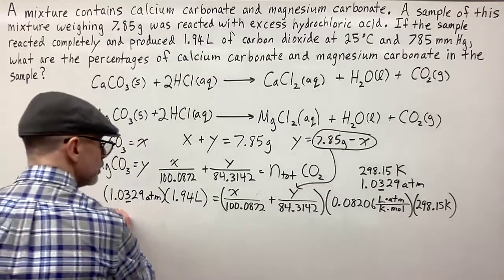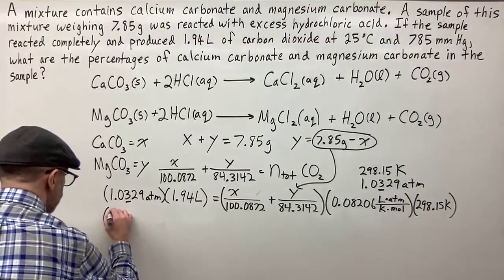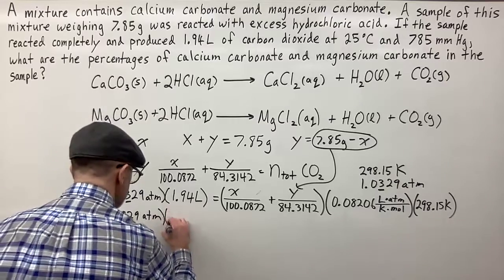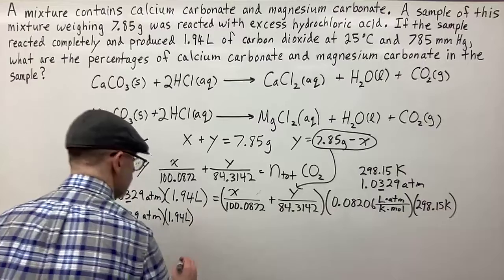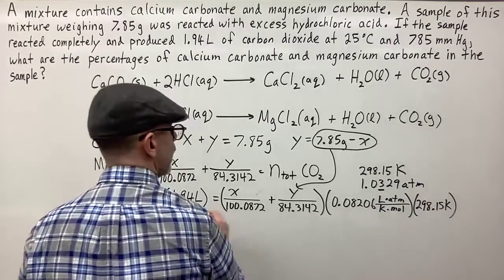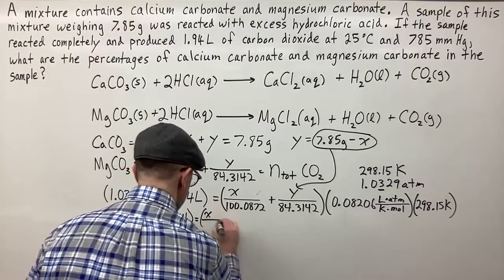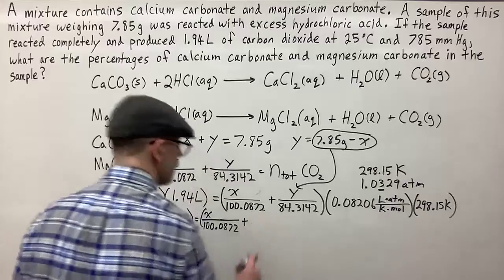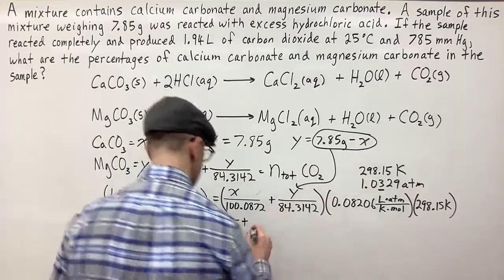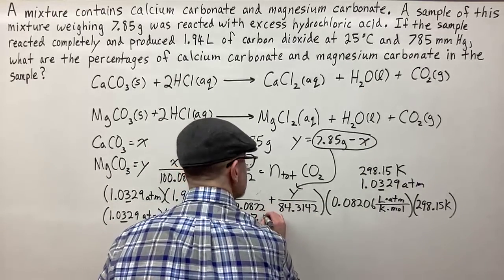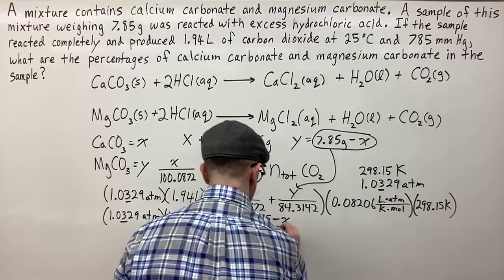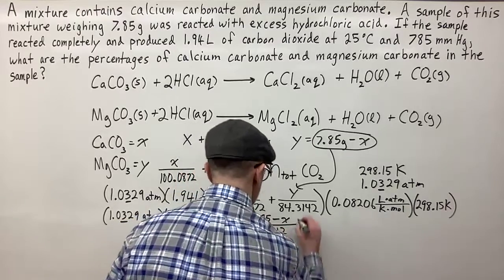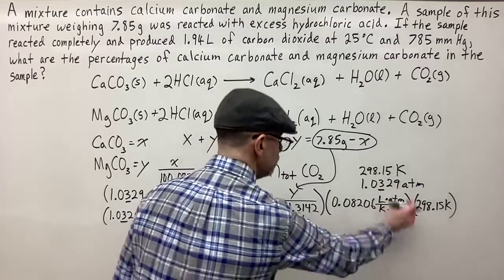And so then I get 1.0329 atmospheres multiplied by 1.94 liters is equal to, again, X over 100.0872 plus, and this time instead of Y, it's going to be this, 7.85 minus X over 84.3142 multiplied by my R value here.